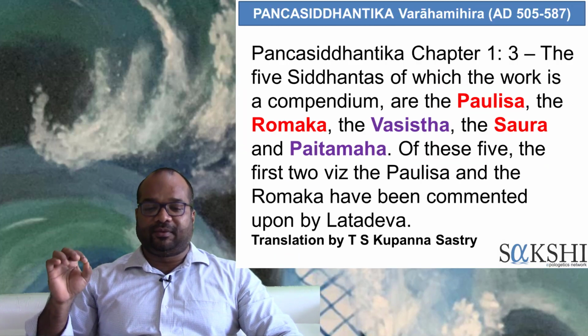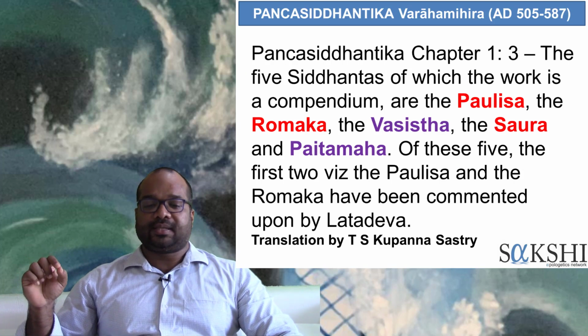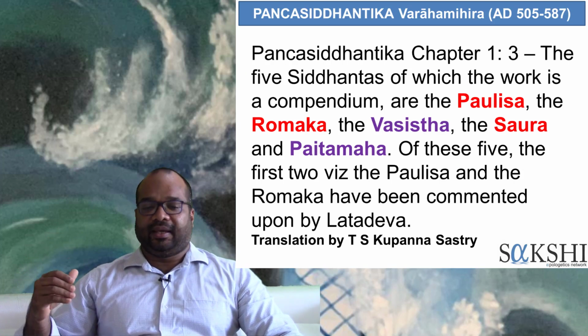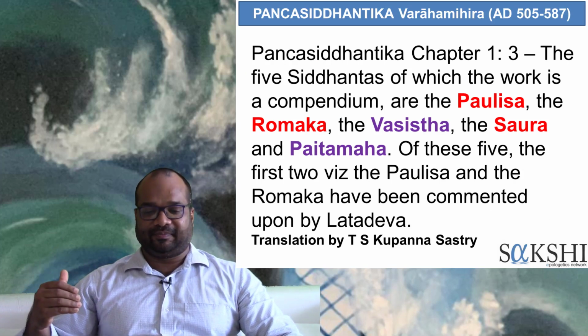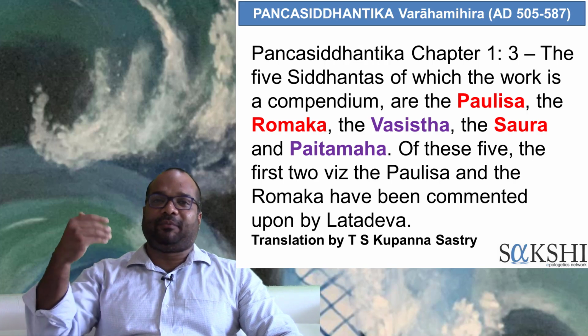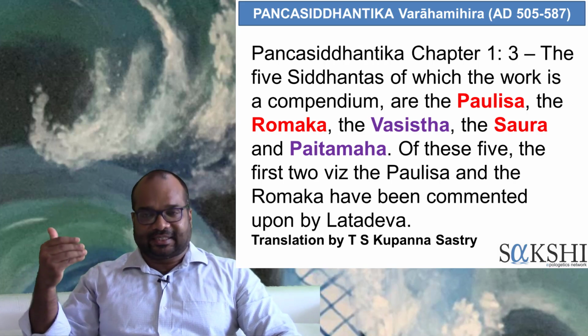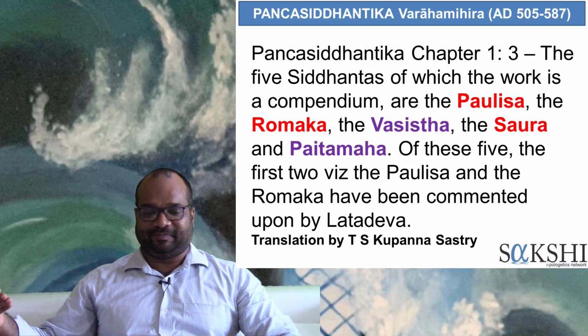Varahamihira, who lived during AD 505 to 585, was one of the greatest astrologers of India. He lived during the golden age of Indian mathematics. The previous quote that we started with from the Brihat Samhita is a book of Varahamihira.